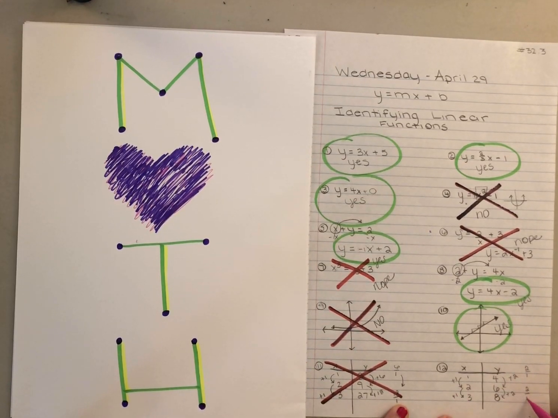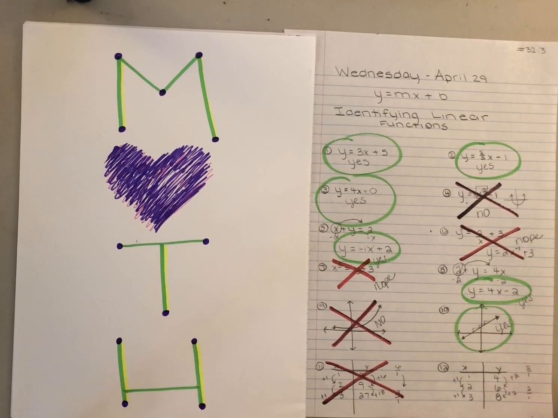So this is a slope of 2 over 1. We have a constant rate of change. It's moving the same way throughout the entire thing. So this is a yes. If you're not confident, you could just plot them on a graph and see what happens.